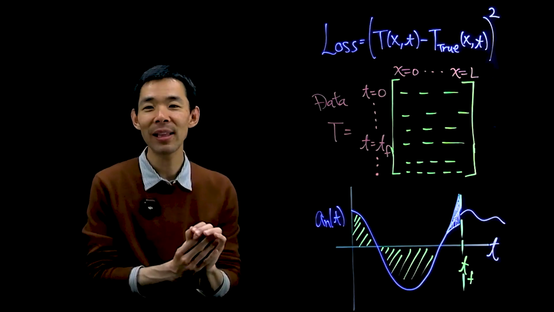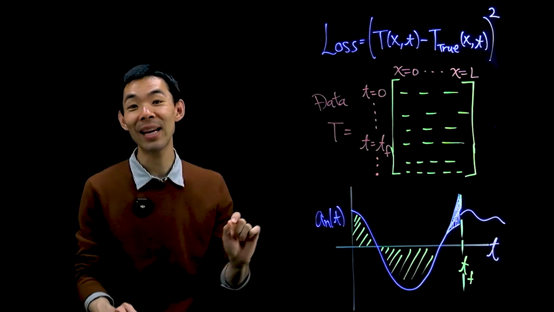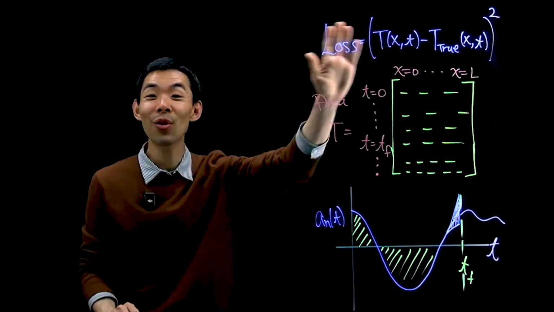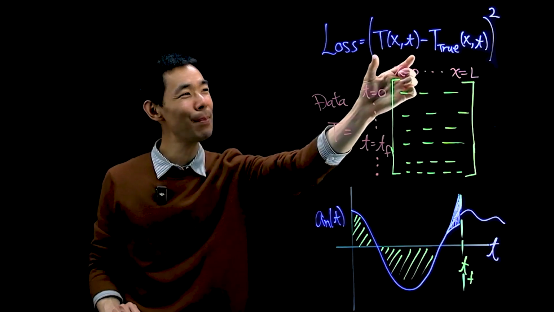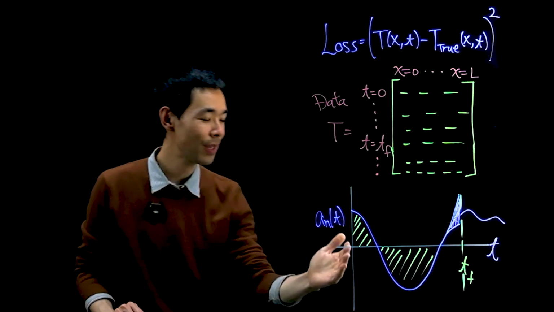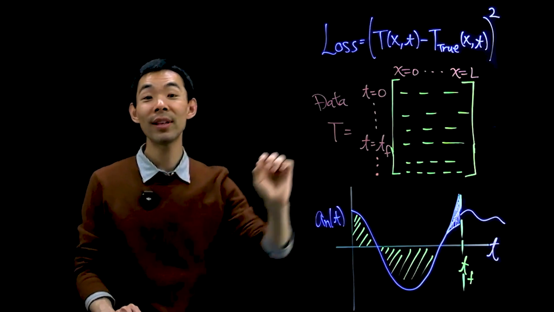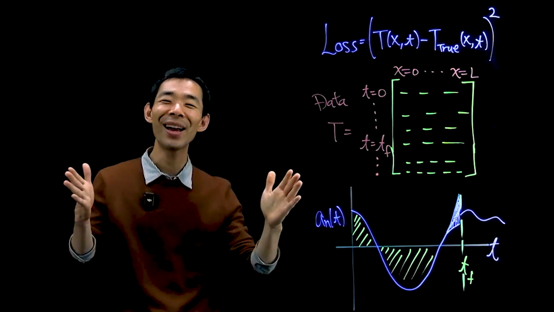Well, there is a slightly different way of doing it that doesn't involve incorporating more data or measuring more data. What you can do is to change your loss function. So the way we've structured it here is you're taking the temperature across the whole domain from time t equals 0 all the way to TF, and you're taking the true data that you fed in, and you're minimizing that error across the entire range.